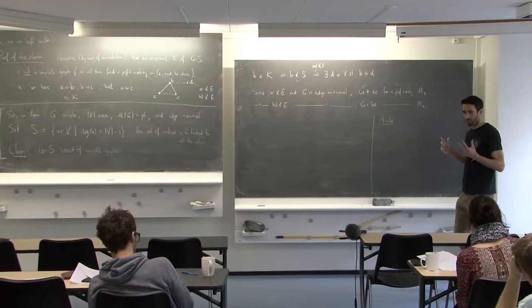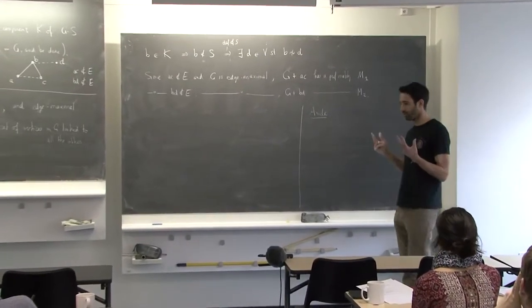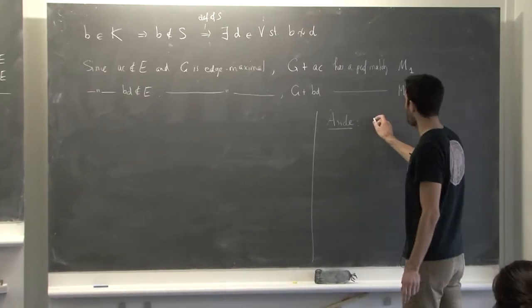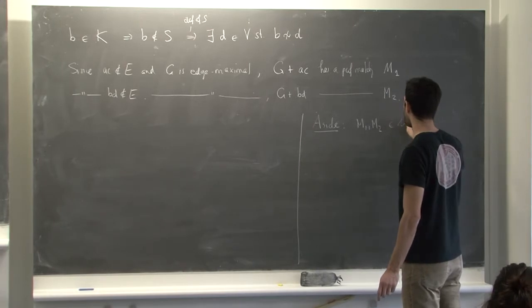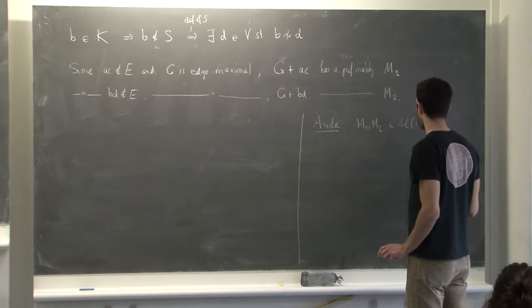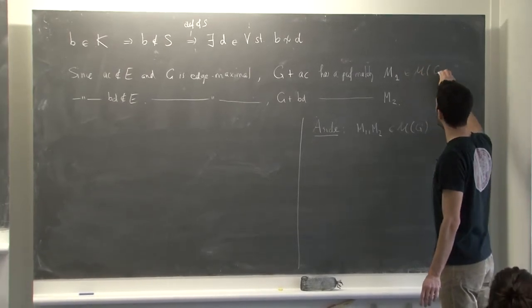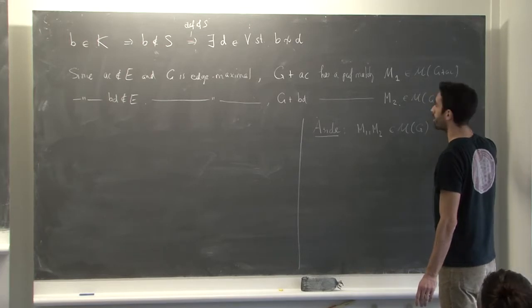If you have two perfect matchings on a graph, there is one thing that is very sensible to do, which is to consider their symmetric difference. So if you have M1, M2, which are two perfect matchings on a graph, careful, here of course this is in the graph G plus AC, this is in the graph G plus BD.